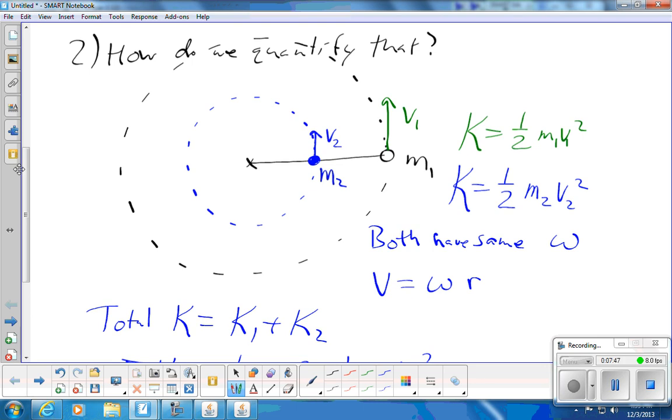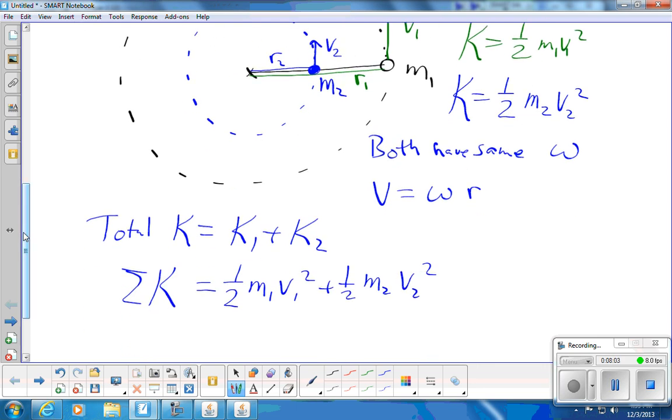M2, I'll mark this one first, is R2 from the center, and M1 is R1 from the center. They're each a different distance from the center. So what that means is I can write two separate equations. V1 is omega times R1, and V2 is omega times R2. Notice I'm not subscripting the omegas because they both have the same angular velocity. I don't need to subscript it.